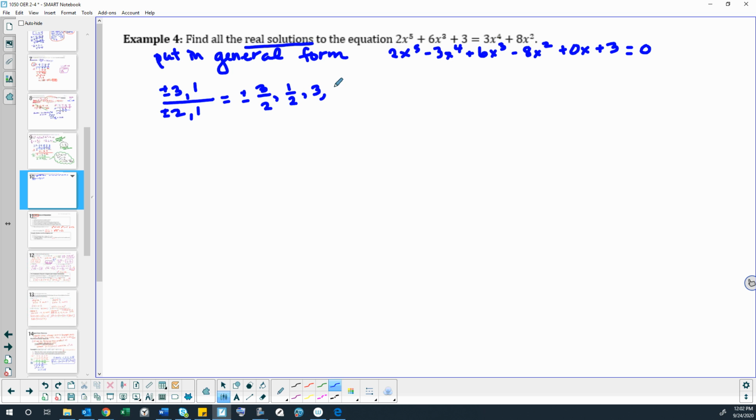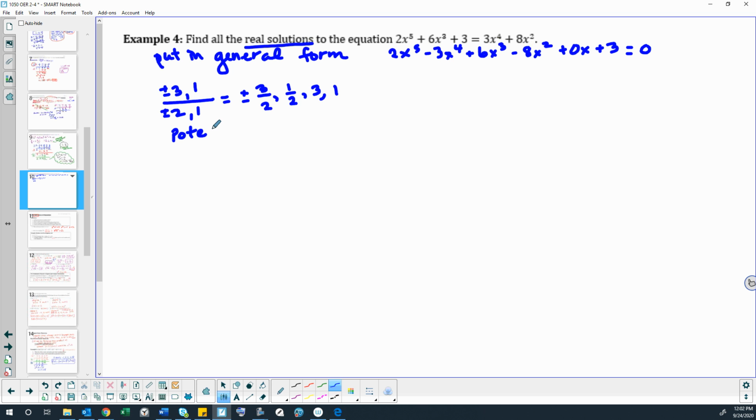I might be writing them in a different order, but it's all the same ones. So just to find these possibilities, I'm taking every number in the numerator that are all the factors of the constant, and I'm dividing by all of the possibilities in the denominator, which are all of the factors of the leading coefficient. So we have 3 halves, 3 over 1, 1 half, 1 over 1, and positive or negative possibilities for all of those. Okay, so those are our potential rationals.